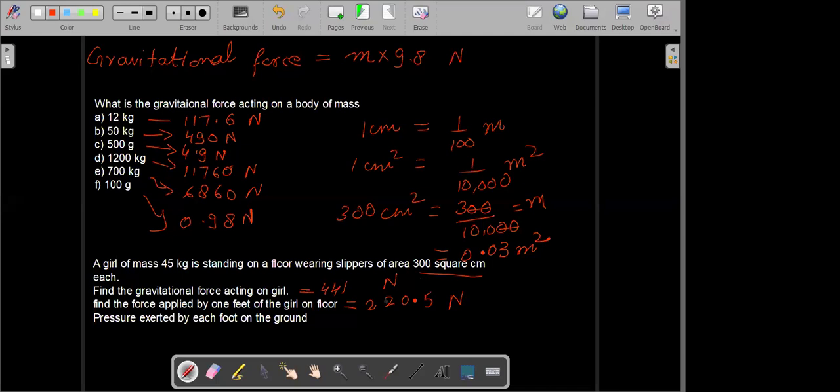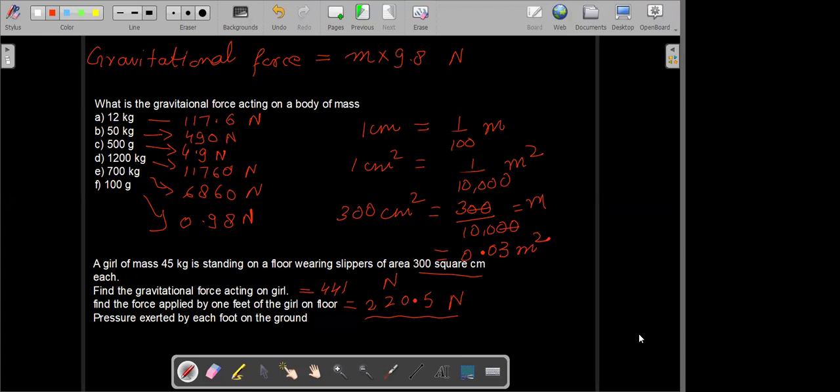Okay, did anyone get the answer for pressure? Just simply use the force acting on each foot divided by area. So you'll get 220.5 divided by 0.03. Saiti, did you get your answer? Sir, is it 7350?